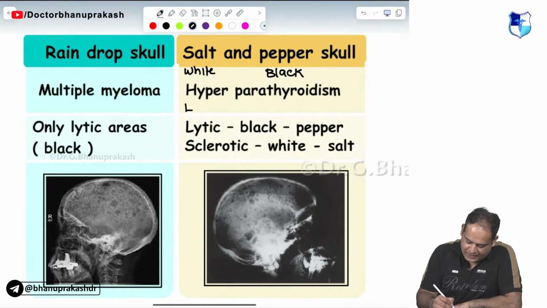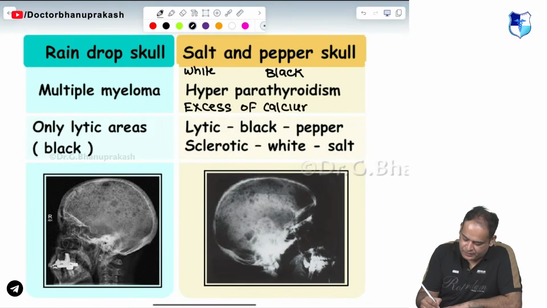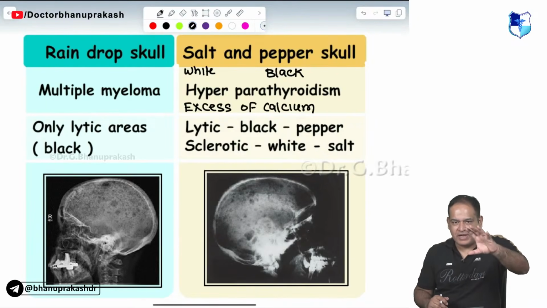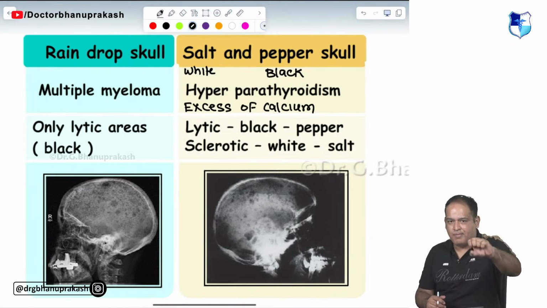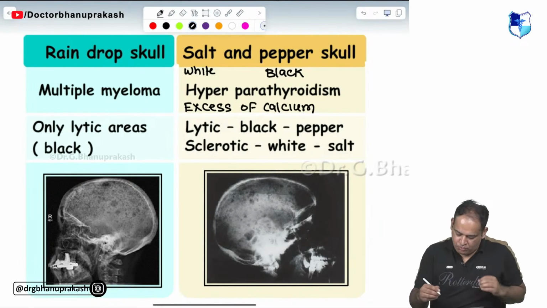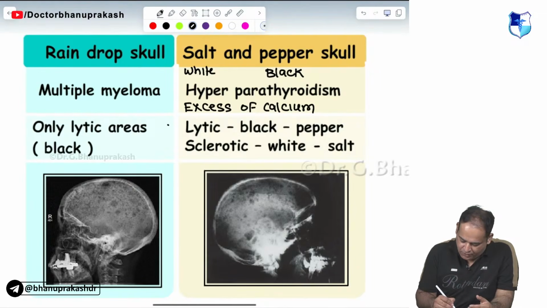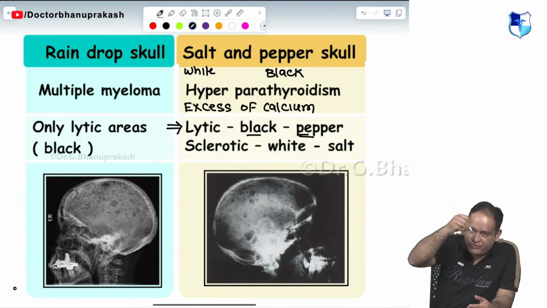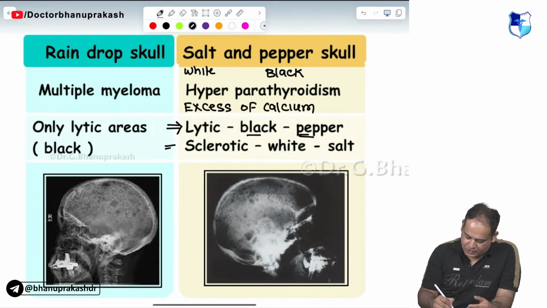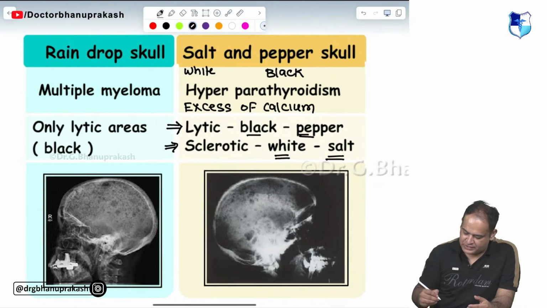In hyperparathyroidism, there is excess of calcium drawn from the bone. The area from where the calcium is withdrawn, the lytic area, appears black like pepper. And where the calcium is deposited, that area appears white like salt.